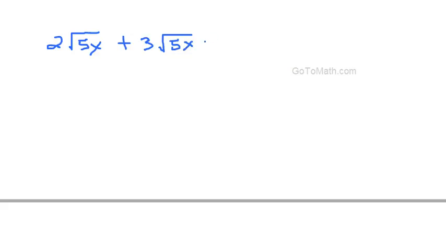As soon as I get this written, you need to try to work this out, simplify this down, and then compare your answer with mine. So pause the video, try working that out.